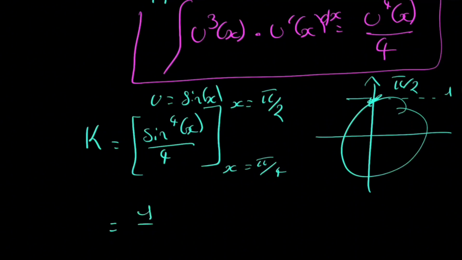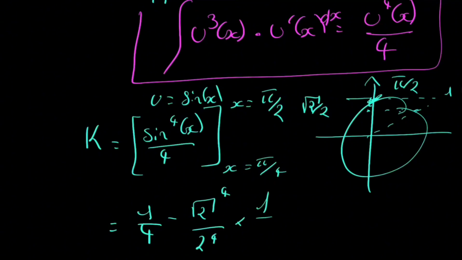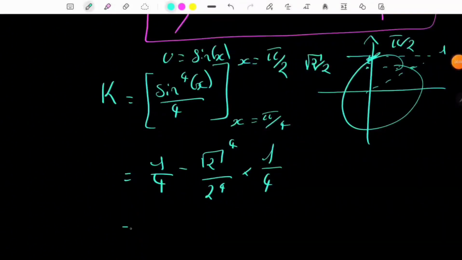So 1 over 4 minus square root of 2 over 2, to the fourth power, so square root of 2 to the fourth over 2 to the fourth, times 1 over 4.